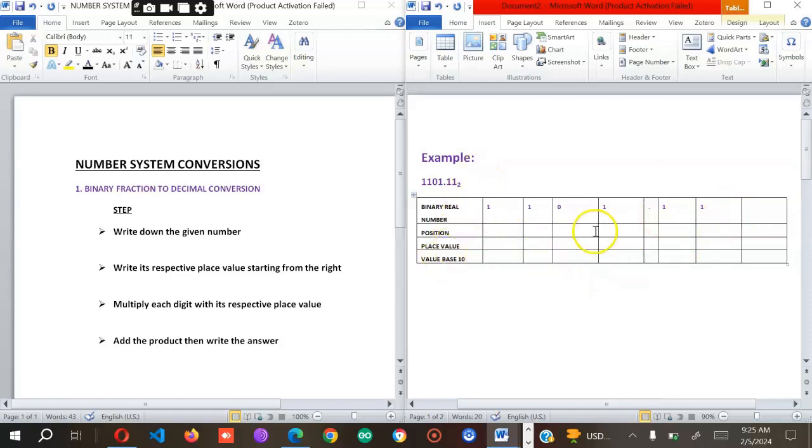Okay, step 2, you write down the place value starting from the right. So from the point we have 0, 1, 2, 3, while on the other side is supposed to be negative 1, negative 2.